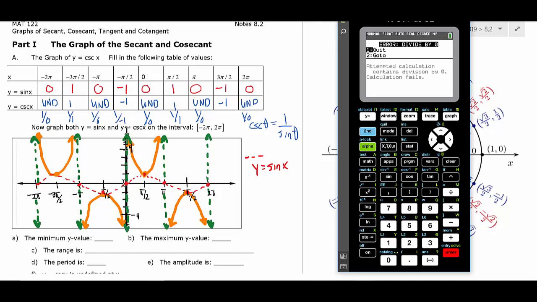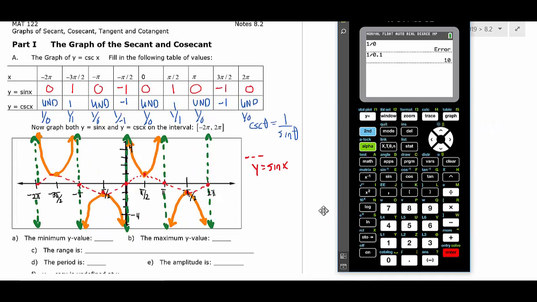That's why the cosecant's graph is going to be undefined. But the other thing I want to show you is if I was barely to the right, like at just 0.1, if I take 1 divided by 0.1, that means I'm just barely to the right of x equals 0. Well, I get 10, so that value is going to get bigger. And if I close in on that, if I take 1 divided by a number even closer to 0, like 0.001, then it goes to 1,000 and so forth.